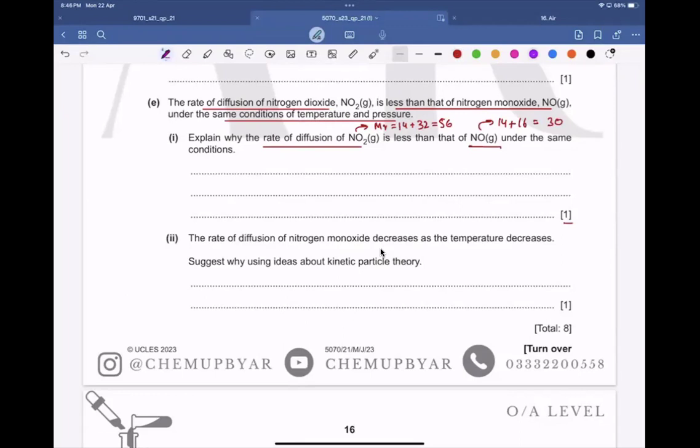So we can just write: because the relative molecular mass of NO2 is 56 and NO is 30.